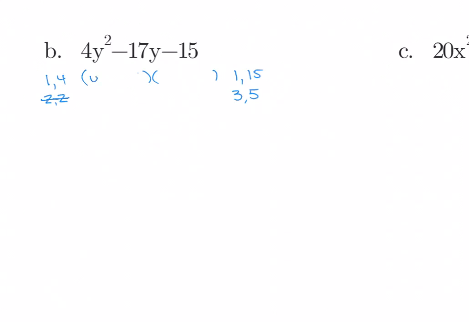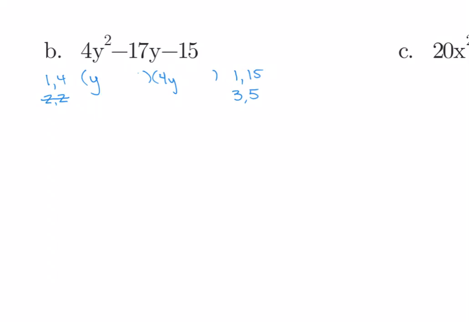I know that my firsts have to be y and 4y. All right, now for my 15, let's see what we can do. Me personally, 17, I don't consider it to be a very small number, but I don't consider it to be a very large number either.